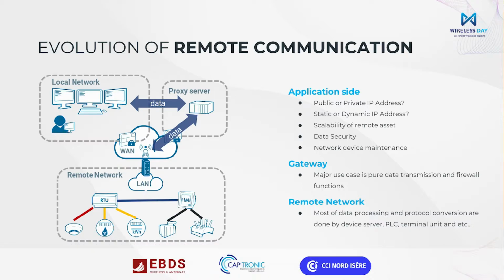So let's move a little bit. Actually, in the past, we also had a solution for it. What most of the suppliers have been doing, for the public-private IP problem, is simply like this: they put a proxy server here.